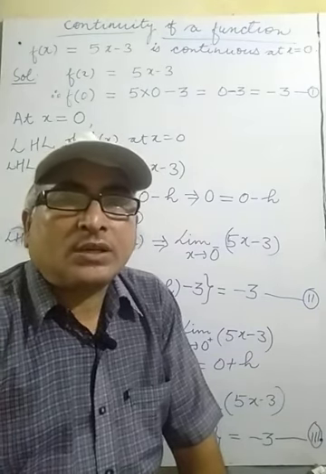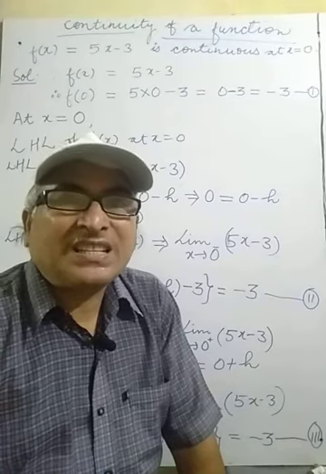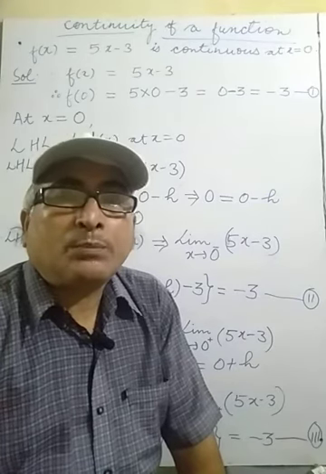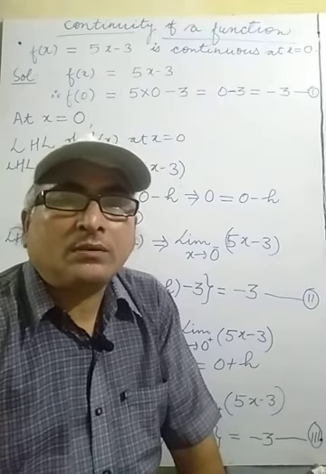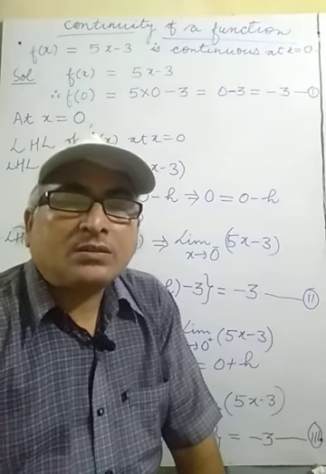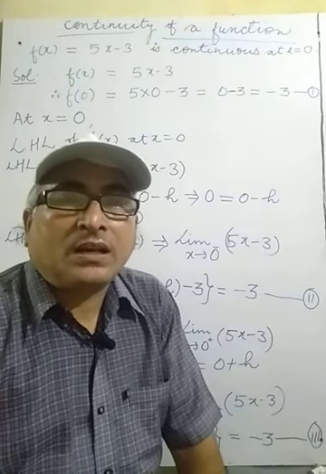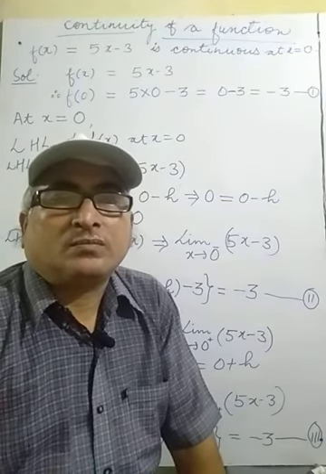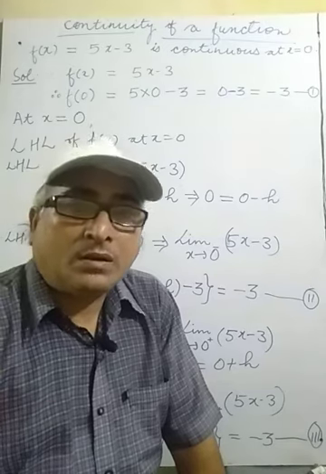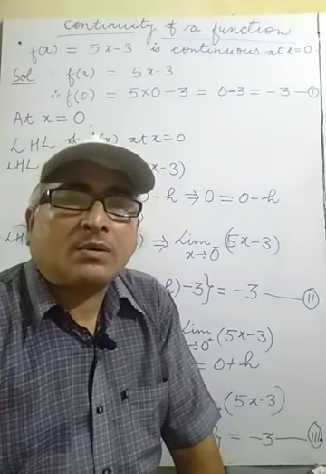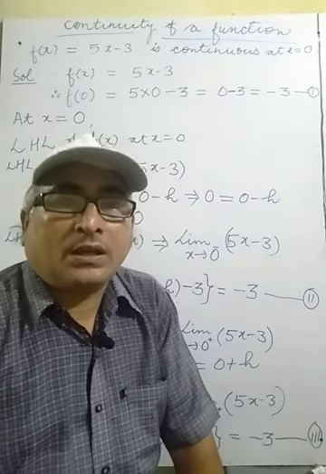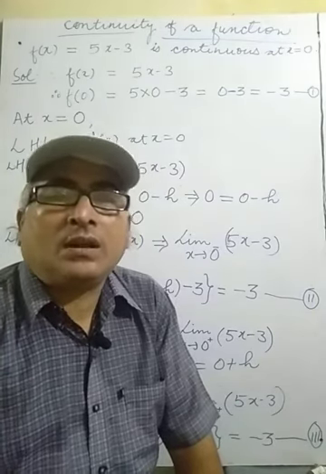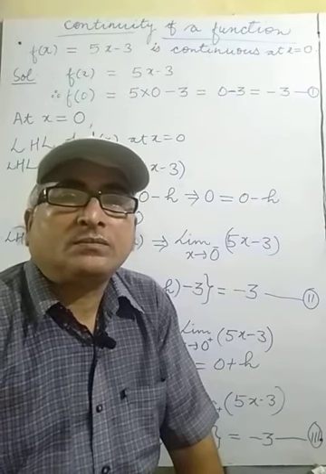In that situation, we have to suppose a point x equals something which is real, which lies on the real number line. We suppose any number k or any number c, or any alphabet can be used here.